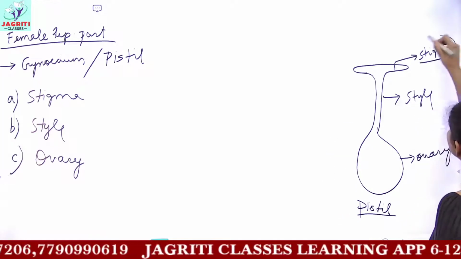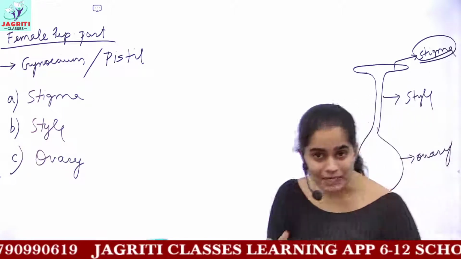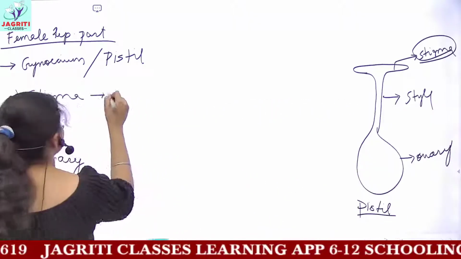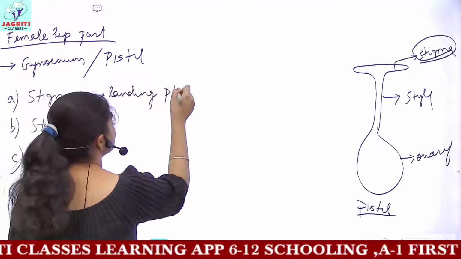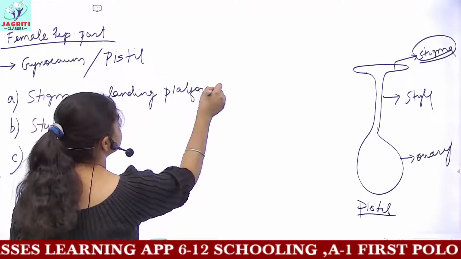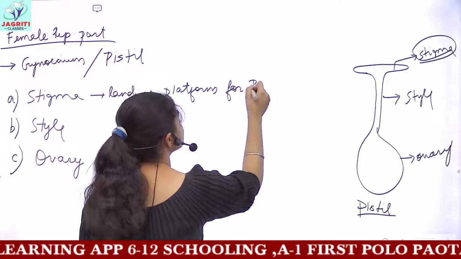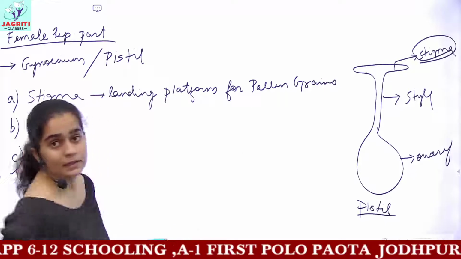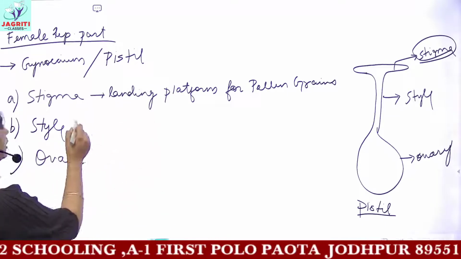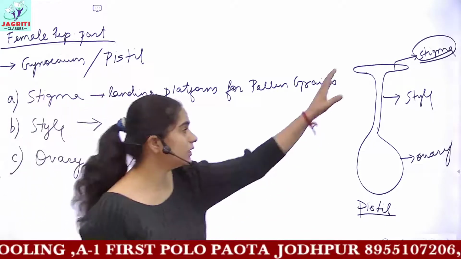This stigma secretes some sticky chemicals, so it serves as a landing platform for pollen grains. Okay, then next comes the tubular part. This is only responsible for the transportation.